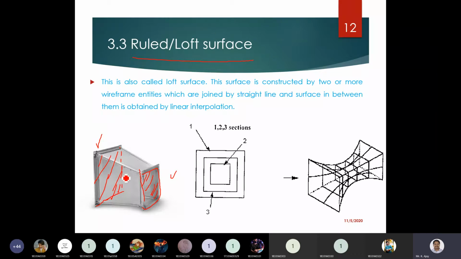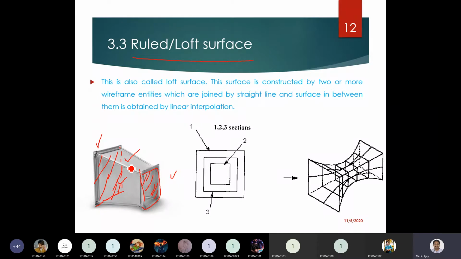Here you can imagine 4 different surfaces, right? By combining both these cross sections, you can imagine one surface, a second surface, similarly beneath one a third surface, and behind you can imagine a fourth surface.